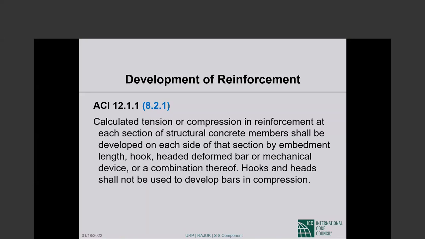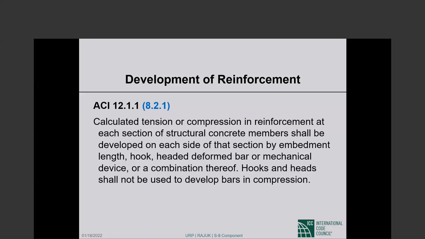Now, if it is a continuum, if it is a beam, you are in the middle of the beam, there is plenty of reinforcement on two sides, development is automatic. You have the so-called embedment length. But if you are near the end, then you have to actively do something to make sure that the bar is developed. Anyway, this is very basic elementary stuff.